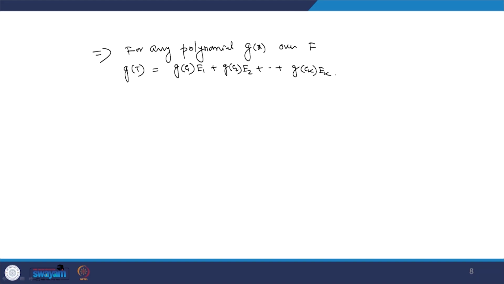So, the operator g(T) which is defined over the vector space V, I see that it has a typical structure which is equal to g(C1) E1 plus g(C2) E2 plus like this.